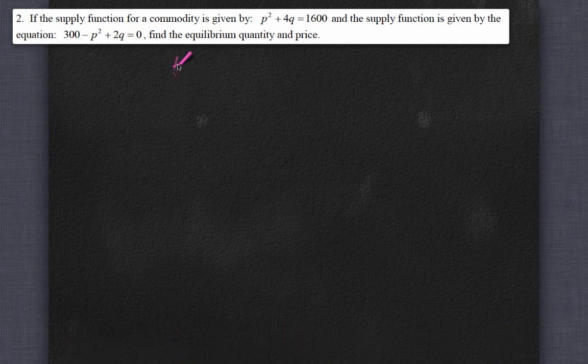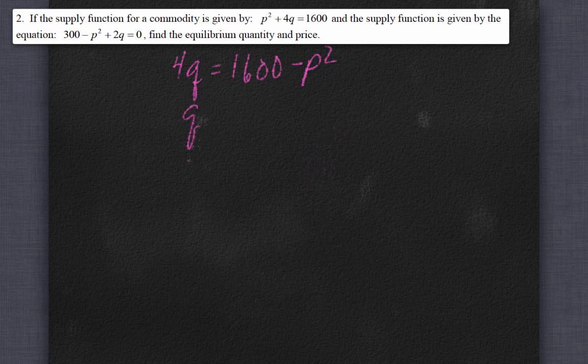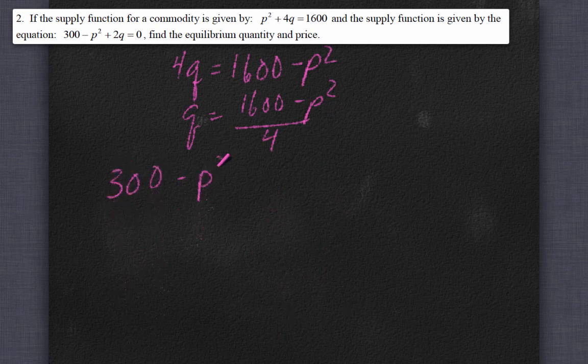So I could say for q, okay, so over here I have 300 minus p squared plus 2 times this is this over 2.